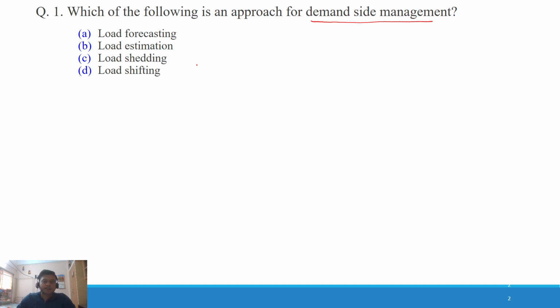So what is demand side management? Demand side management is an approach implemented by the utility such that it can change the electricity usage patterns of the customers. There are some means by which the utility changes the demand patterns of the customers.